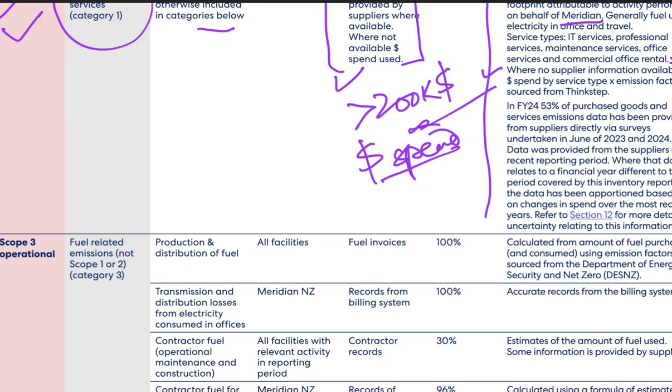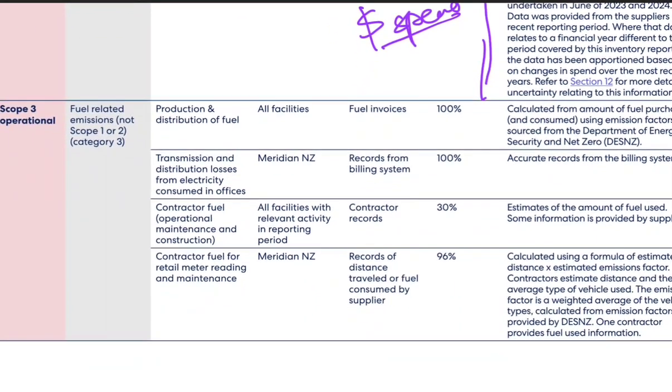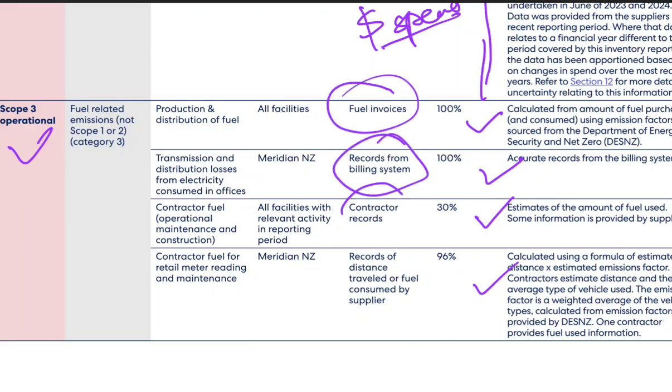Data was provided from the supplier's most recent reporting period where the data relates to a financial year different to the reporting period. So we can see for different scope 3 categories the relevant details are available for the methodology adopted to collect the data, and from where we are collecting, what is the record or document we verified.